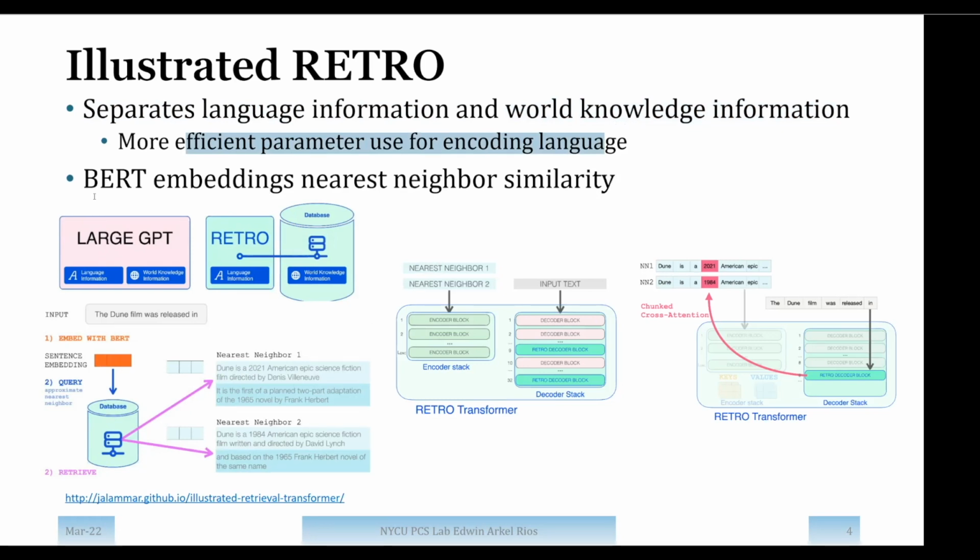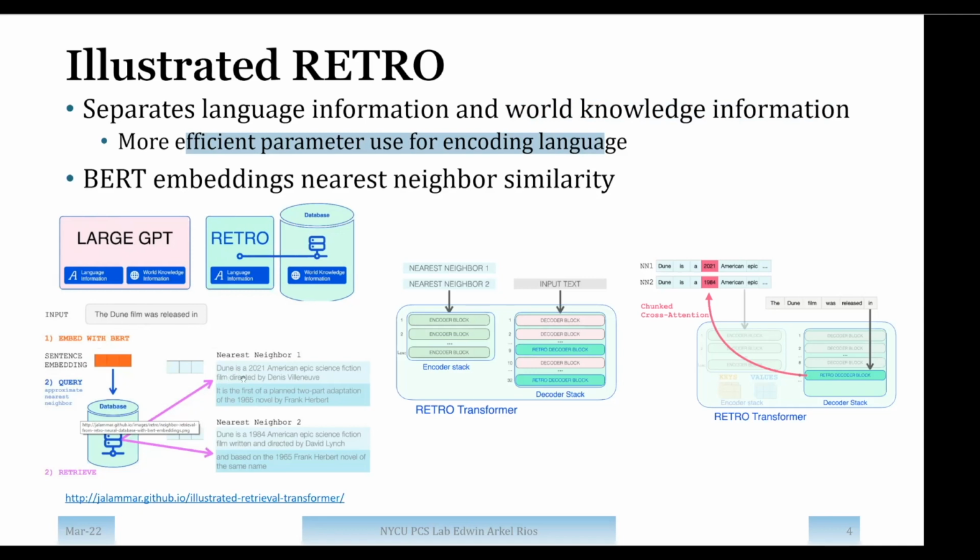And the way that they do it is actually pretty simple. Basically, they start with a certain query, for example, in this case, "The Dune film was released in". Based on that, you pass that query through a pre-trained transformer, in this case BERT, and then they use this query to search a large database and get the nearest neighbors.